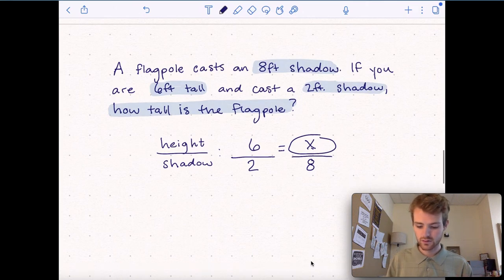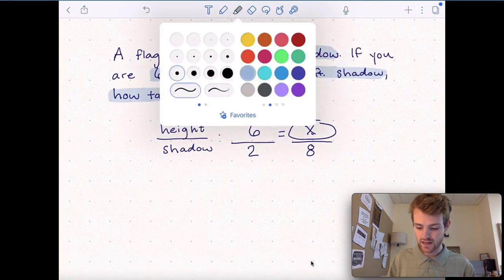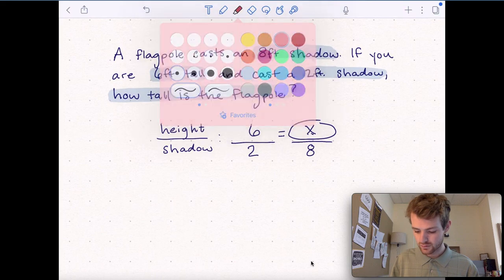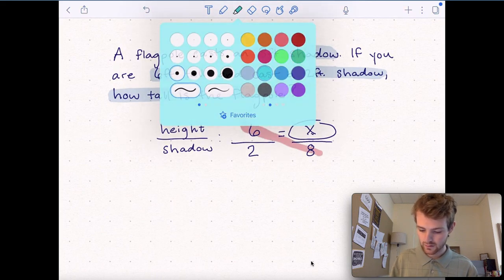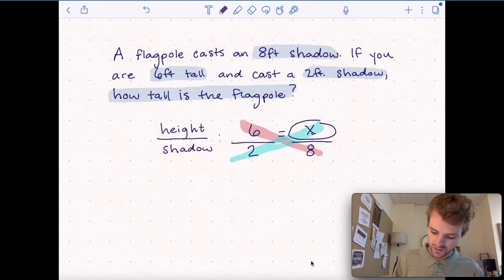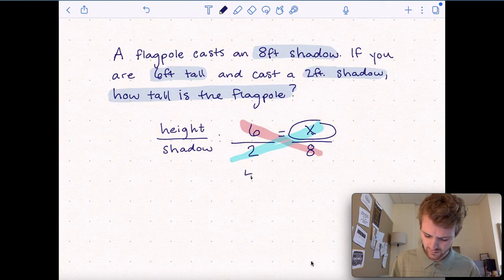We can now do this math, which would end up being, let's see, 6 times 8 is 48 equals 2x.